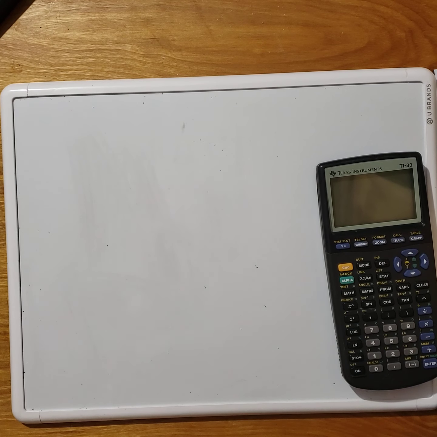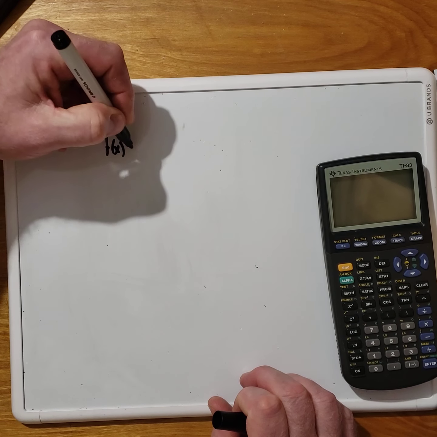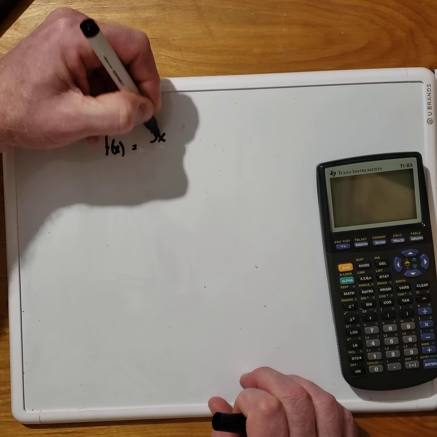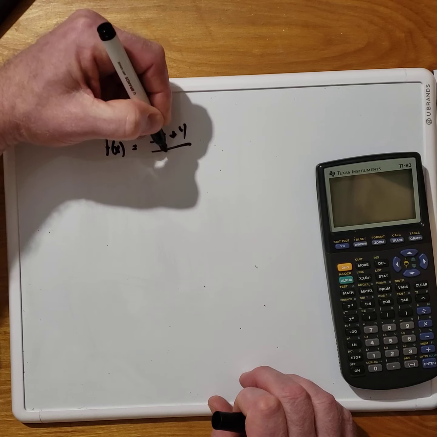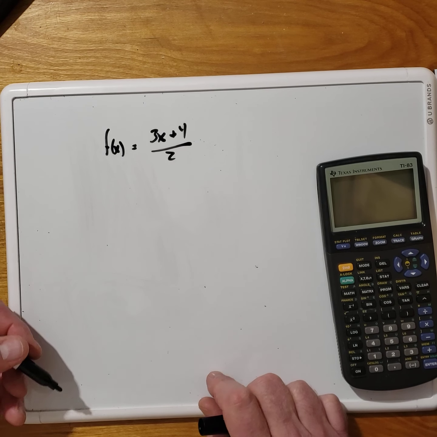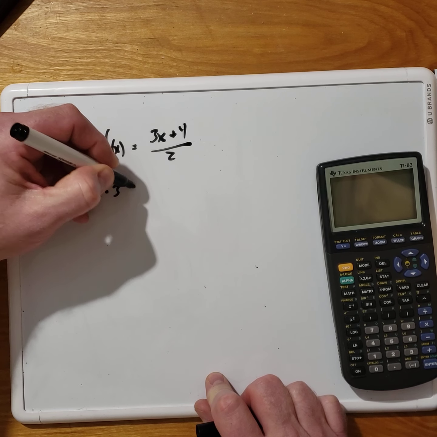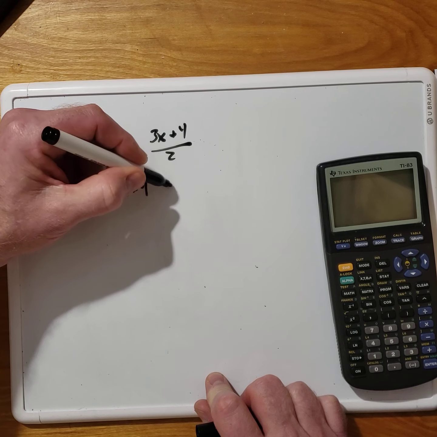I'm not going to give anything more difficult than this one here. Suppose we get f of x equals 3x plus 4 over 2. What are the operations we're doing to x? We're multiplying by 3, then we're adding 4, and then we're dividing by 2.